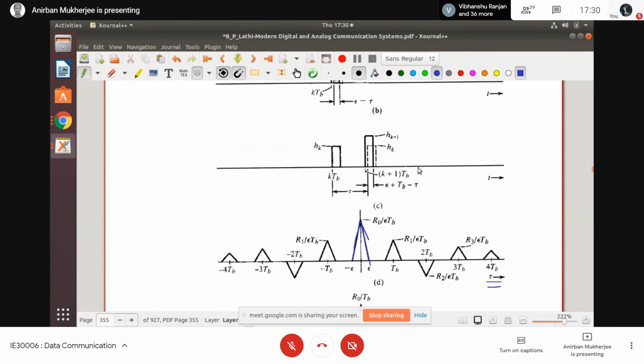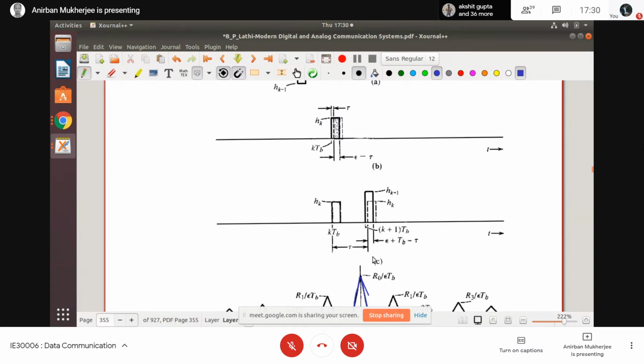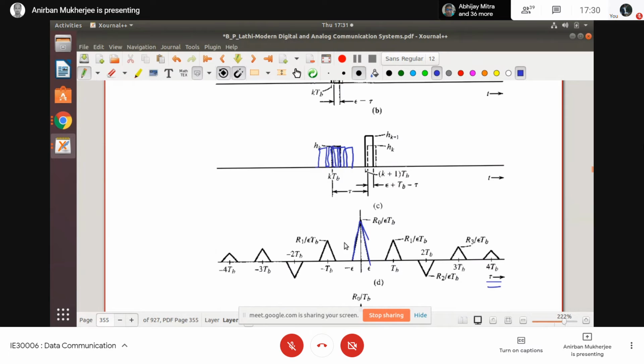When hk is coming like this, there is no overlap. After some time there is some overlap, at some point the maximum overlap, then again it goes back and finally comes out. You are checking the overlap area, so you get a triangle. And when tau is greater than epsilon, after some time hk comes here, that means no overlap, so you get a 0.